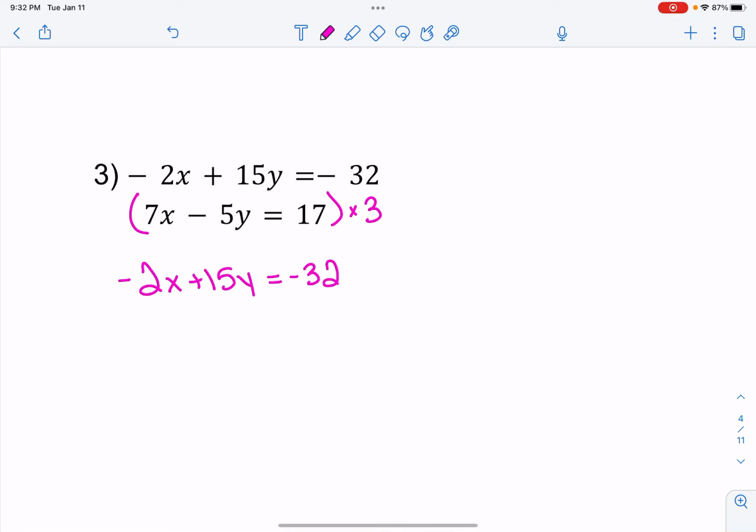So nothing changed there. I just kept everything the same. And then on the bottom, we do 7x times 3, which gives us 21x. Negative 5y times 3 is negative 15y. And then 17 times 3, which gives us 51.